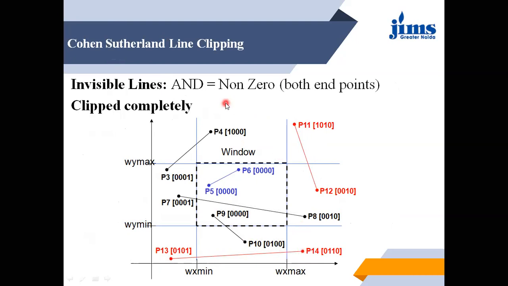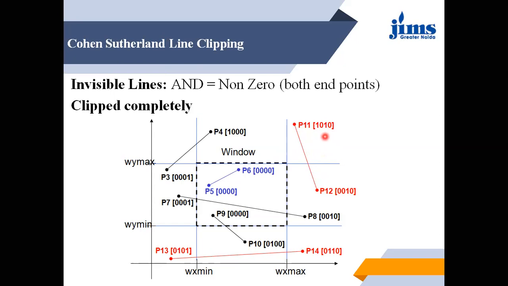If we find the region code of line P11 P12, then the region code of one end, P11, is 1010, as this is above the window and to the right of the window.